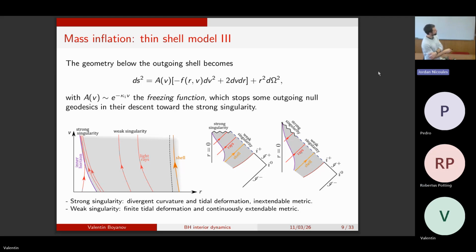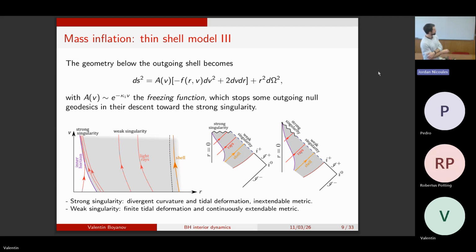And the strong singularity can be, well, in the shell model, it actually has a null component, but in other models, in which you have, let's say, a scalar field instead of shells, it's expected that this singularity be space-like rather than null. But there's no rigorous proof, I should say.